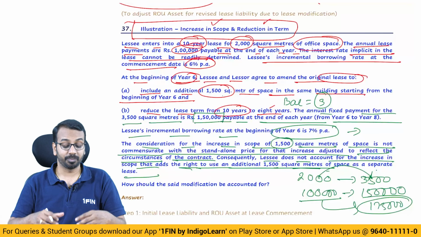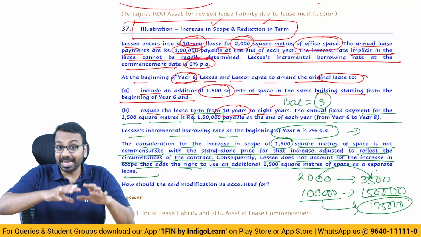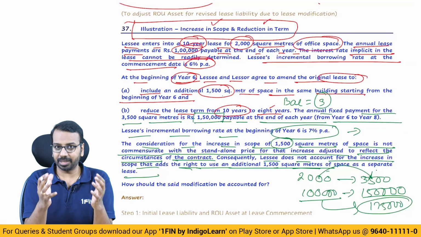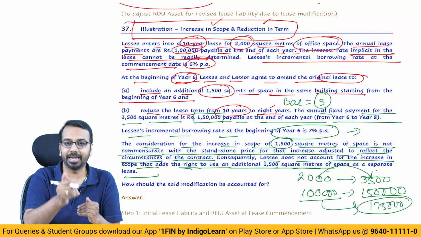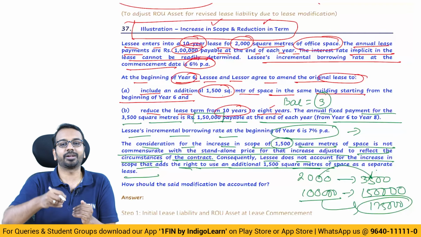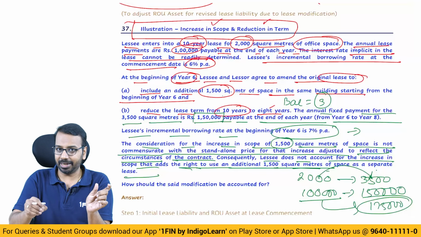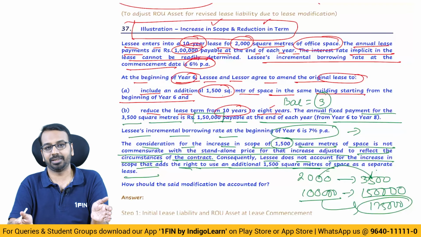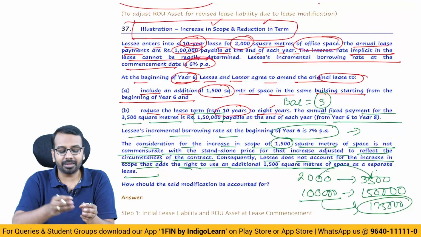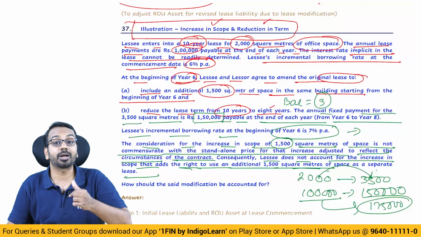So, two things are happening. Whenever two adjustments are given, first you execute the changes to the existing contract, and then bring in the new right of use asset. We have a 10 year term, now 10 is becoming 8, that is already in the books. First make the 10 years 8 years. After that, you add this additional 1,500 square meters, which is not a separate lease.